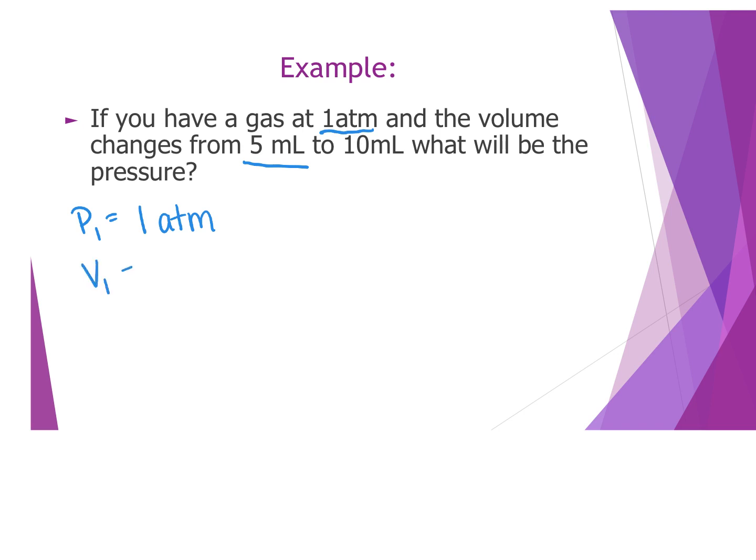So V1 is 5 milliliters. Then I'm going to keep going. That third number is 10 milliliters. What's that giving you? Milliliter is volume, and it's the second one, so that's V2. And then what are you solving for? P2.